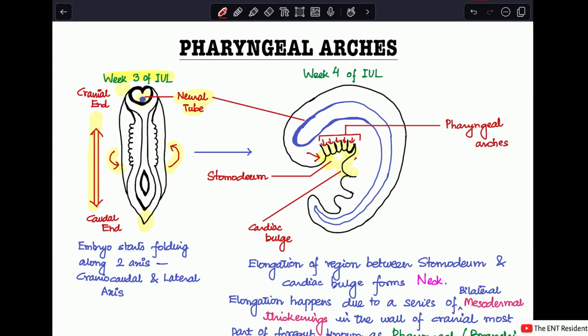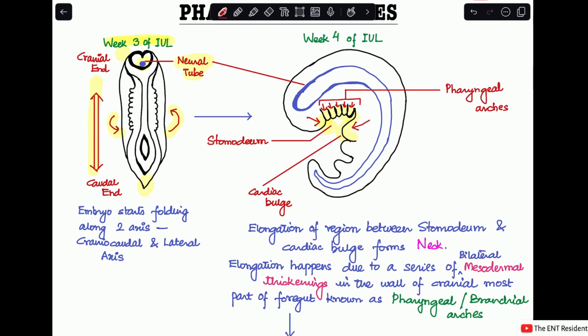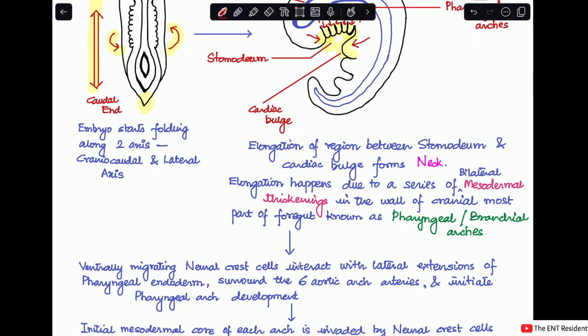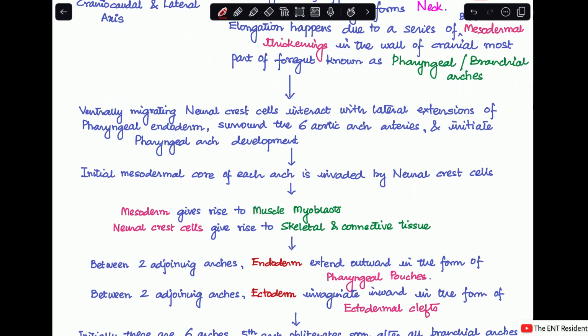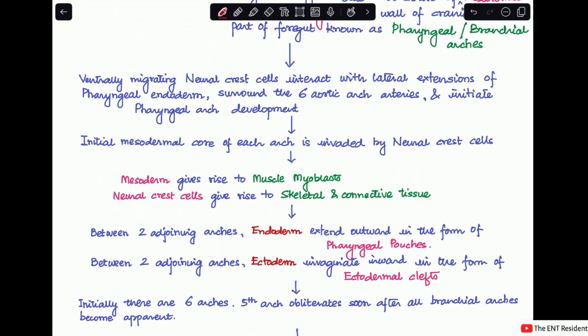This is the stomodium, this is the cardiac bulge. This part undergoes elongation due to a series of bilateral mesodermal thickenings, and this forms the pharyngeal arch apparatus. Next, what happens is the neural crest cells go and interact with the lateral extensions of the pharyngeal endoderm, and they surround the 6 aortic arch arteries and initiate the pharyngeal arch development.